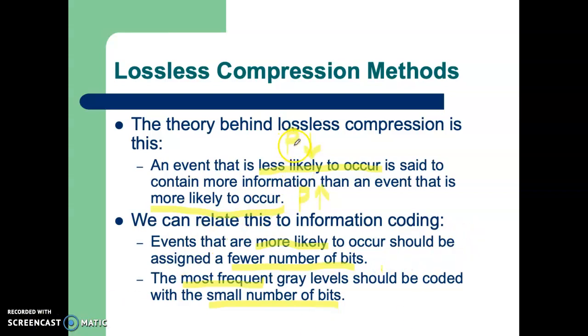If the probability is low, you will use more bits. If the probability is high, you will use fewer bits. So automatically you will reduce the size of the image.